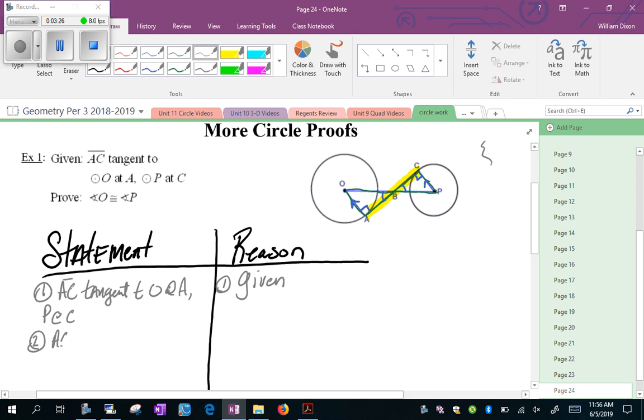Now the second thing I'm going to write is that the line AC is perpendicular to line OA, and it's perpendicular to line CP. And that reason is line tangent to the radius forms perpendicular lines.